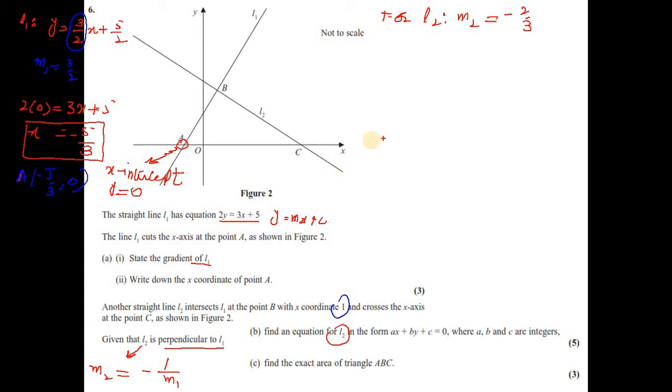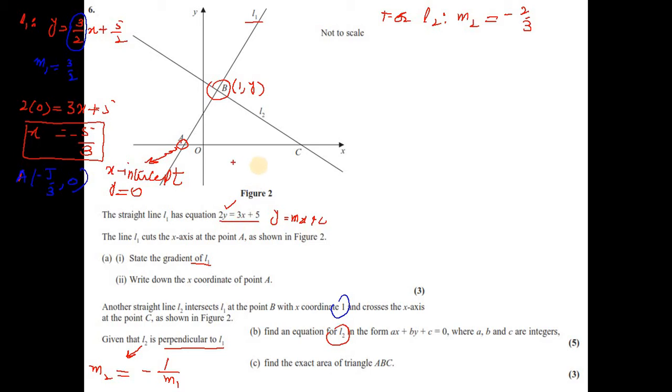And point B also lies on L1. So in order to find the coordinate of B, we can use the equation of L1 because point B lies on both lines. We know that the x-coordinate of B is 1, and we need to figure out the y-coordinate. So we can substitute x equal to 1 in the equation of L1.